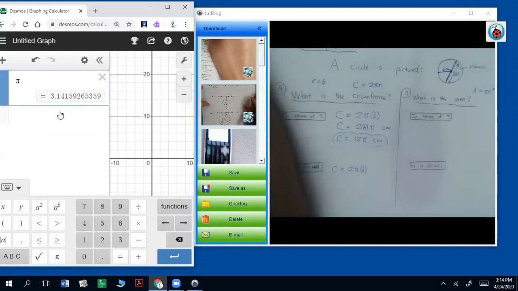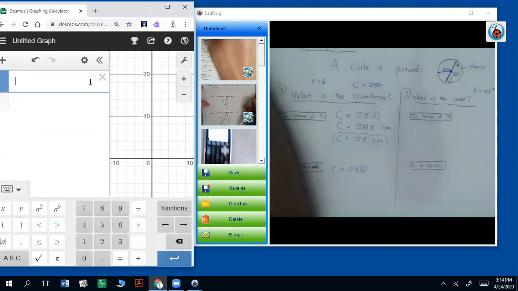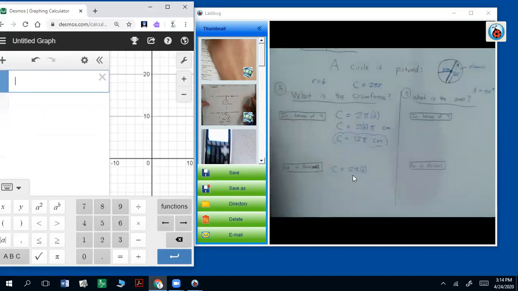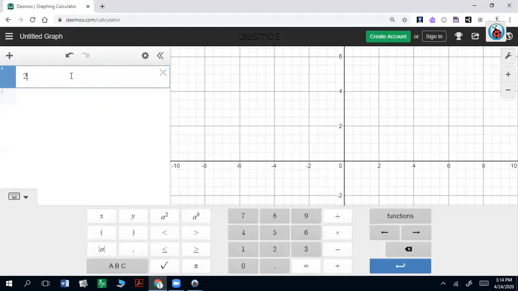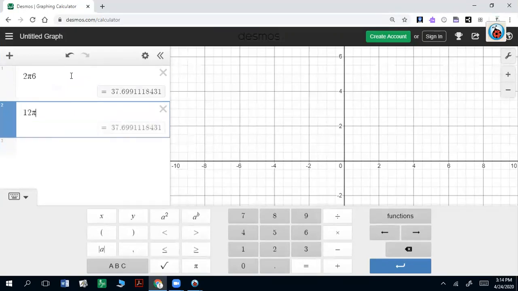So you've got a couple options on Desmos. I use Desmos mostly to get these calculations. So if I want to do 2 times pi times 6, I'm going to do 2 pi 6 and call it a day, which is really 12 times pi, same thing, 37.699.